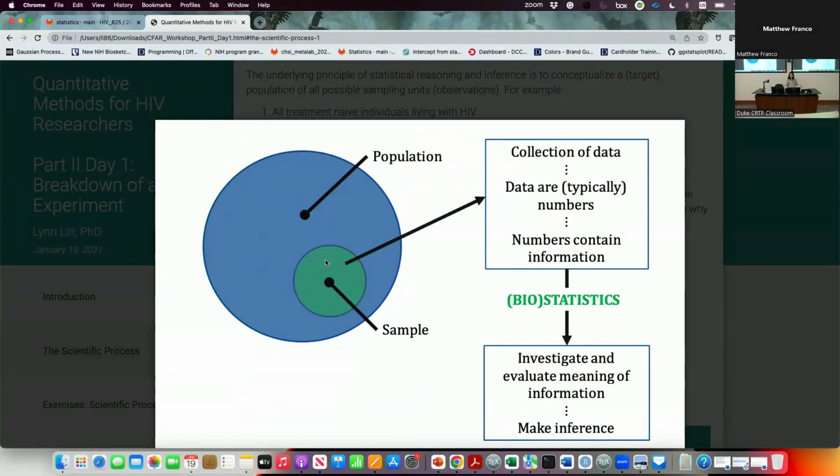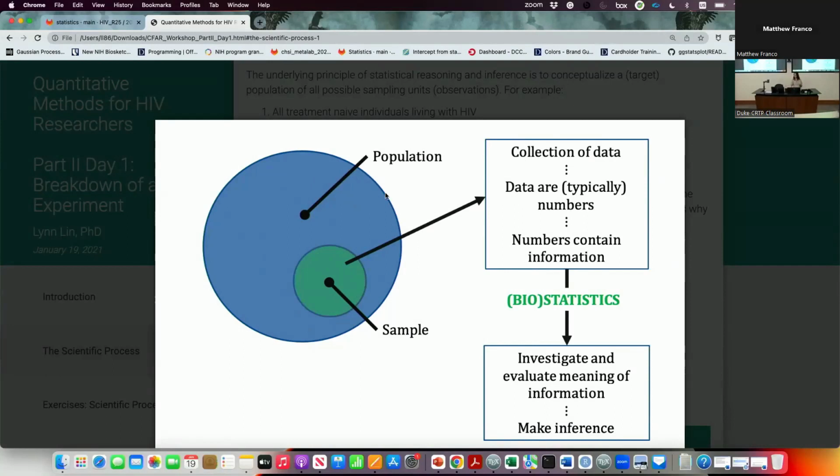Later on, we want to use the knowledge we obtained from this small part of the population to make inference. Basically, we want to generalize the finding from the small sample to infer how the entire population looks. So this is the goal of performing statistical analysis, or in our case, the biostatistical analysis.